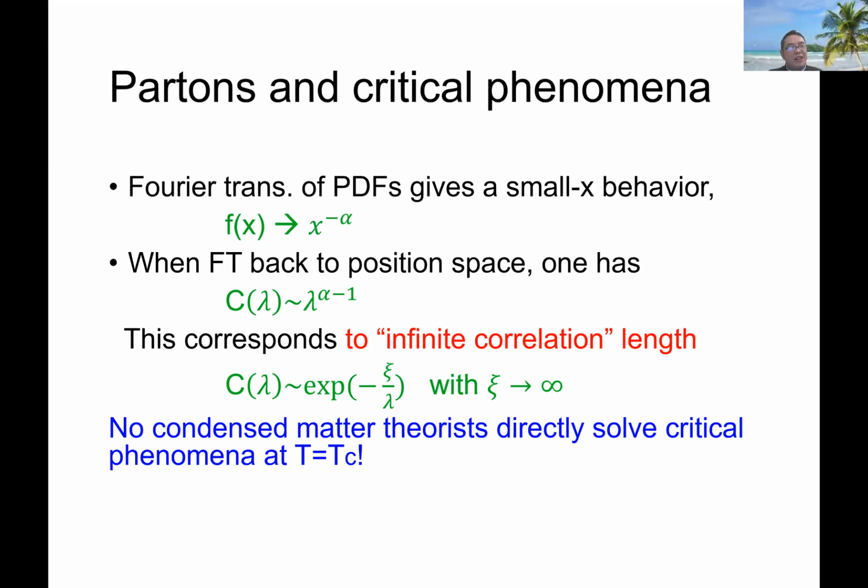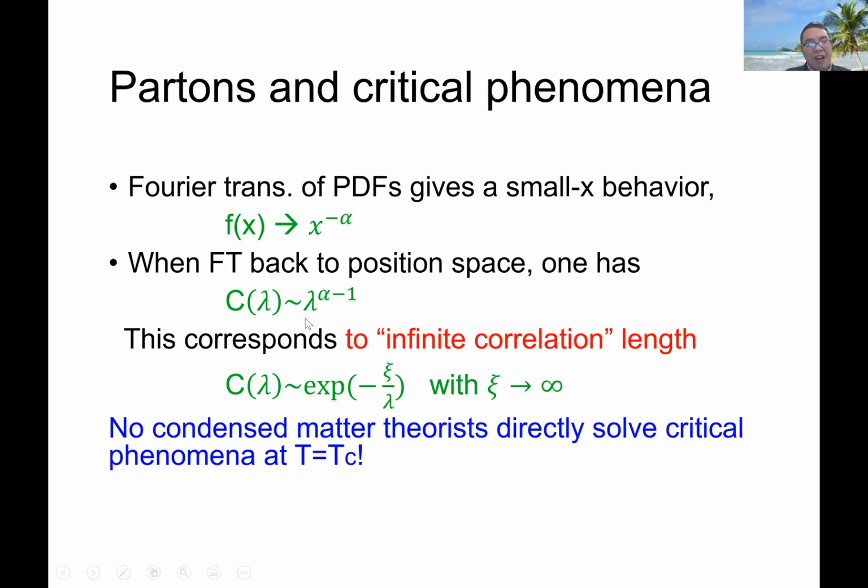So what does it mean if you have a system with correlations that decay algebraically at a very long distance? It means that you have a system with infinite correlation. In a condensed matter system, for example, the correlation usually decays exponentially, like e to the minus lambda over c, and c here is the correlation length.